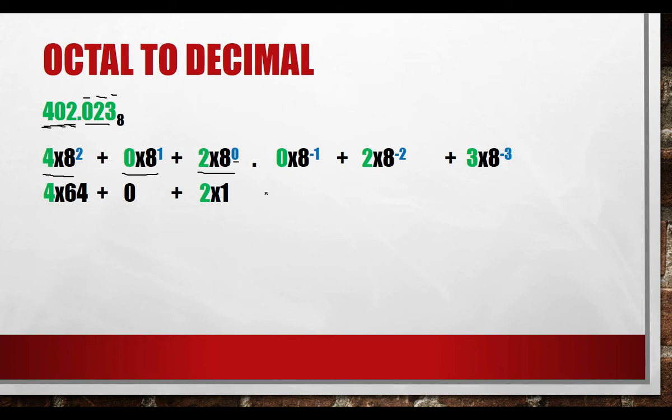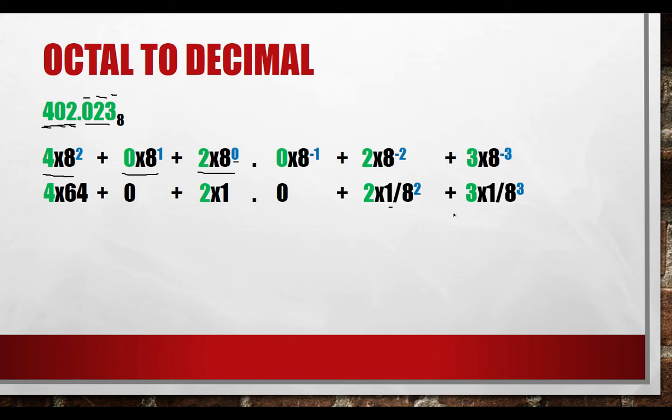Now let's work on the fractional part. 0 times 8, that is 0, plus 2 times 1 over 8 raised to 2, plus 3 times 1 over 8 raised to 3. Now, if you're wondering why we have this one and why we were able to turn negative 2 to positive 2, you can watch our video on binary to decimal, because in that video I've already explained the reason why we have to add 1 here.